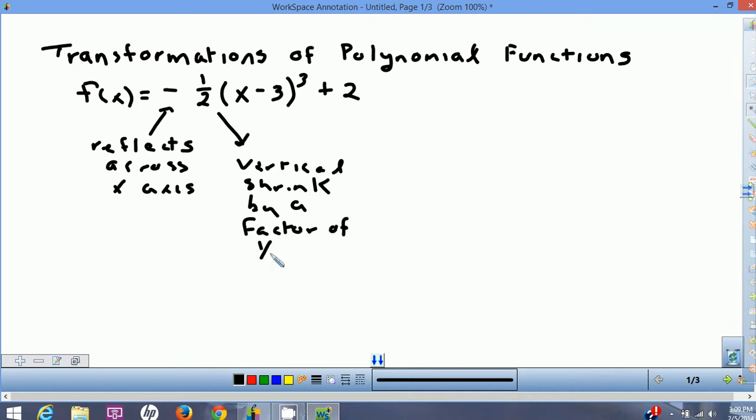Now, if that had been a number with an absolute value greater than 1, like a 3, then we would not have called that a shrink. We would have called that a stretch.